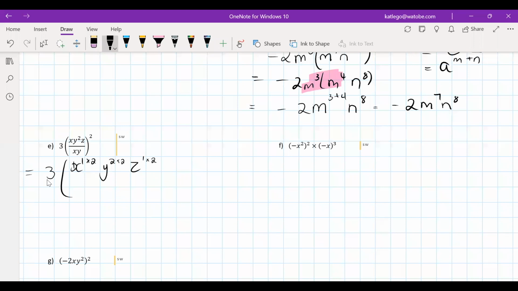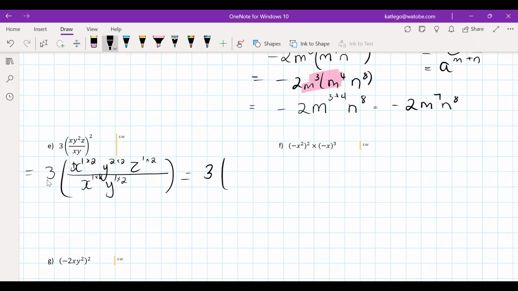And then to the other one, we go x to the 1 times 2, y to the 2 times 2. And then the final one at the bottom, y has an exponent of 1, not 2. There we go. You see that? Yes. Okay, let's simplify.